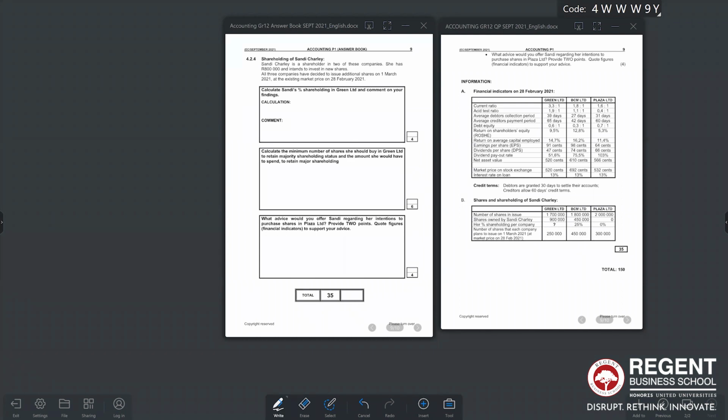Then they said calculate the minimum number of shares you should buy in Green Limited to retain majority shareholding status and the amount you would have to spend to retain majority shareholding. Now, listen to me very carefully. If you want to be majority shareholder in any company, I'll show you the calculations.